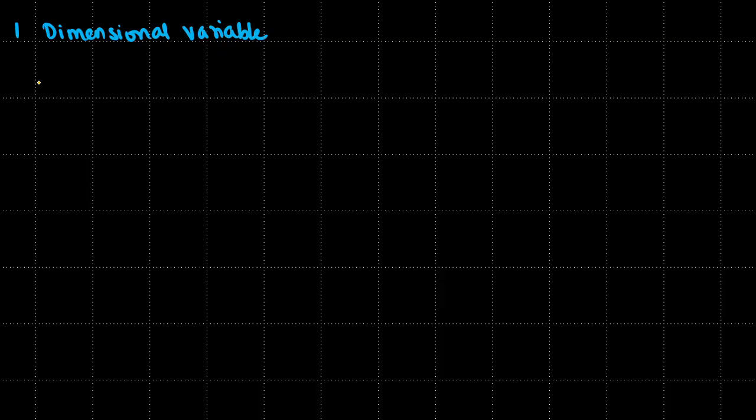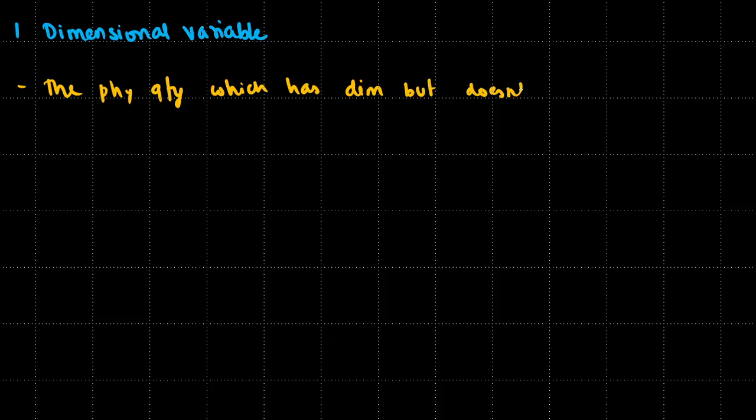So the physical quantities which have dimension but do not have fixed value are dimensional variables.